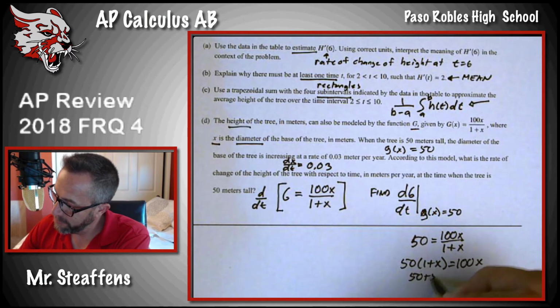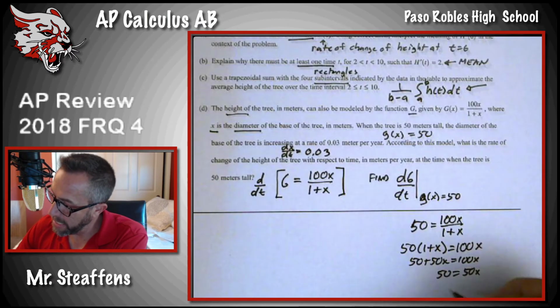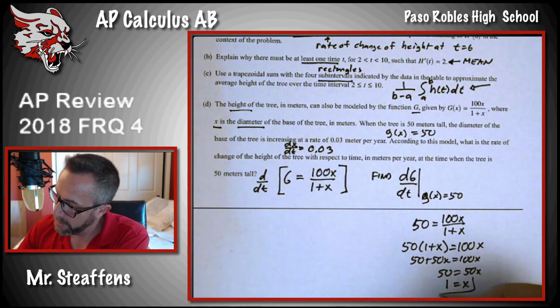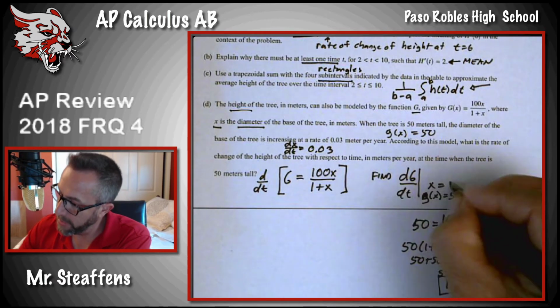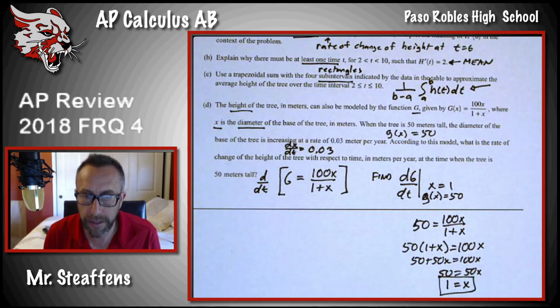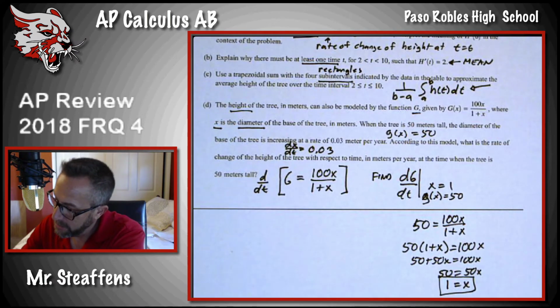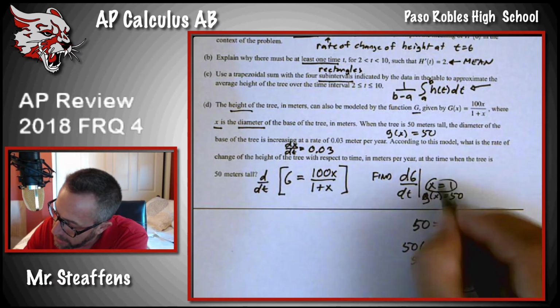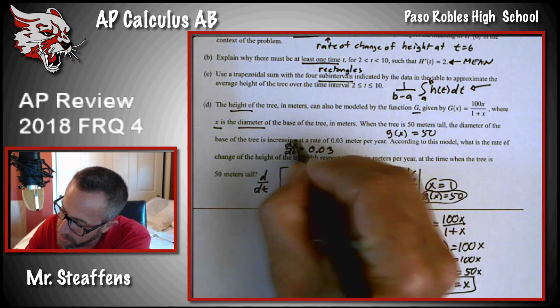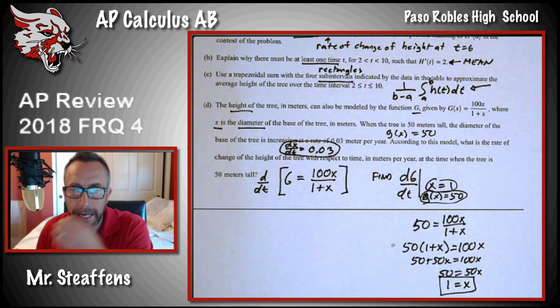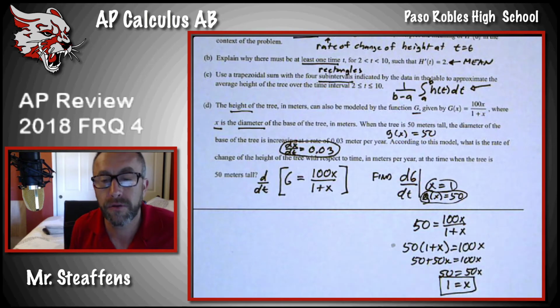So 50 plus 50x equals 100x. 50 equals 50x. So this is all going to happen when x equals 1. So these are my two values I'm going to be able to plug in: x equals 1, and g equals 50. And then, of course, I'm going to need the rate, so I can find the only other rate that's left.